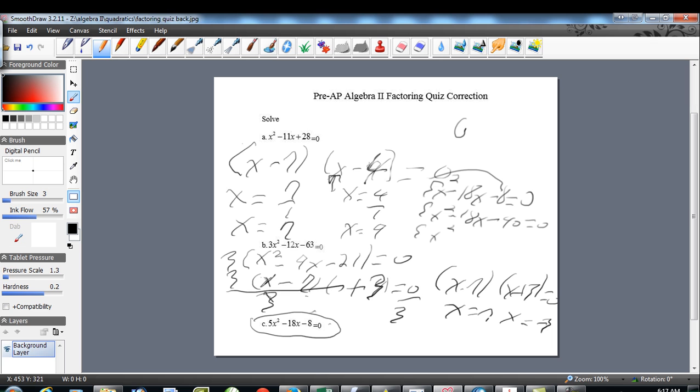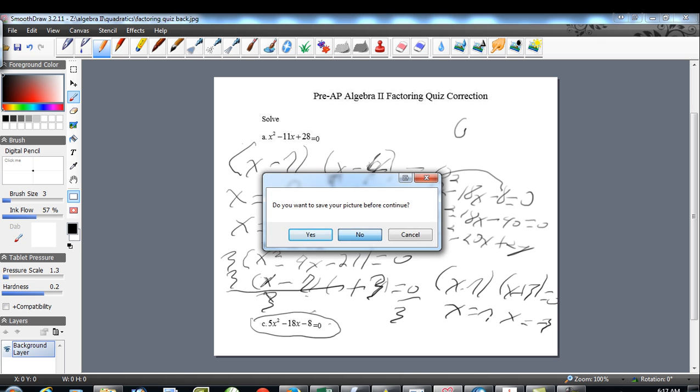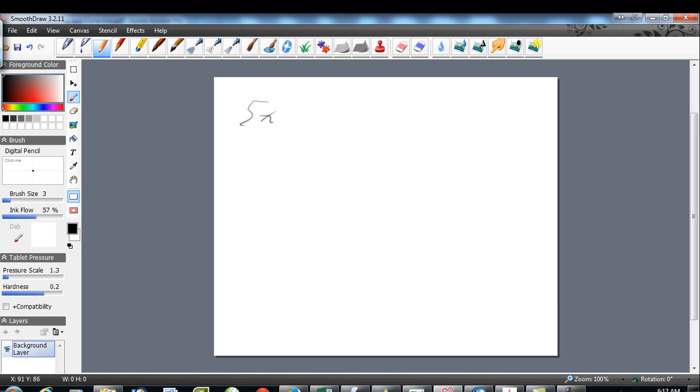From my tree, I get minus 20x plus 2x. Really don't have enough room here, so let's get a new sheet. 5x squared minus 18x minus 8 equals 0.